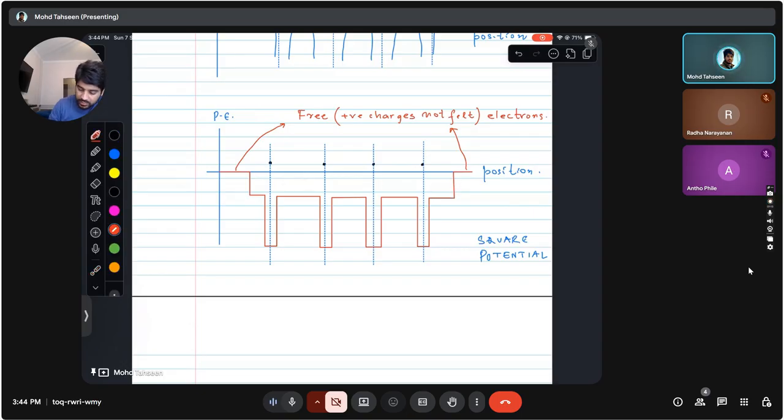And this is the region in which some effect of positive charge is felt.